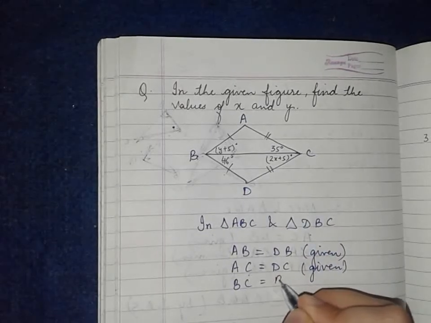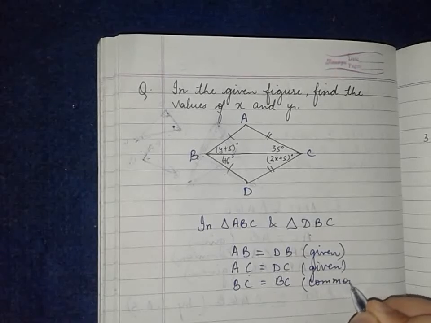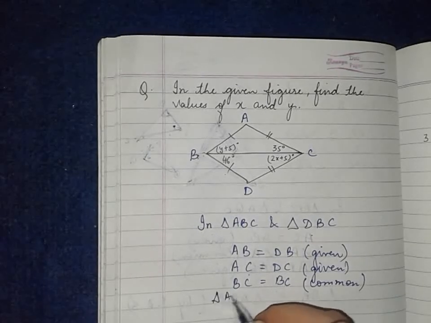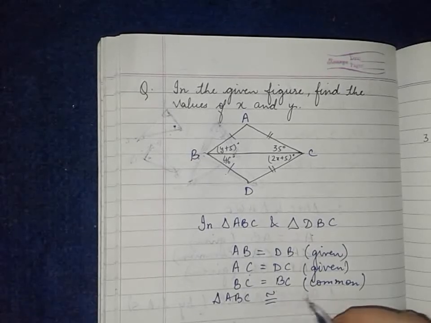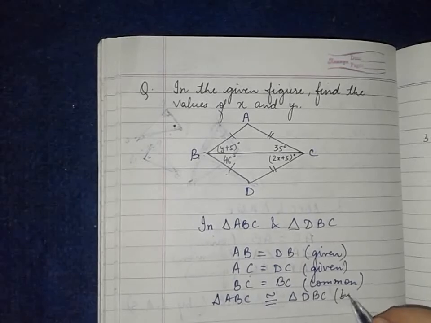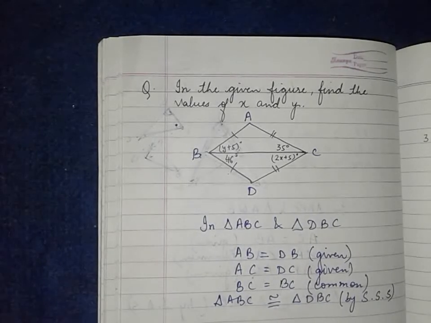BC is equal to BC, reason common. Triangle ABC is congruent to triangle DBC by SSS.